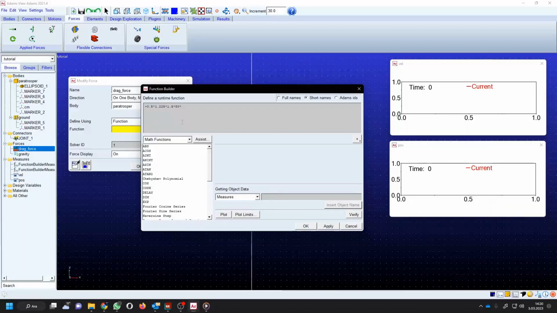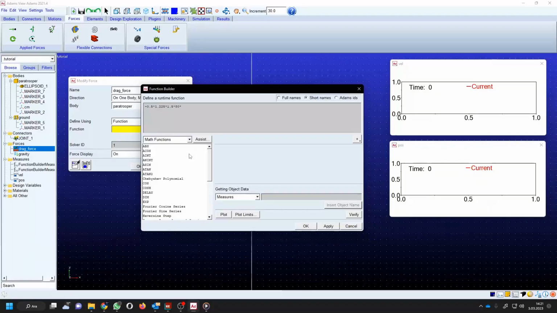But here, instead of using a signum function like in MATLAB, I will multiply the value first by the velocity and then by the absolute value of the velocity. I will add the sign of my velocity variable using this method.